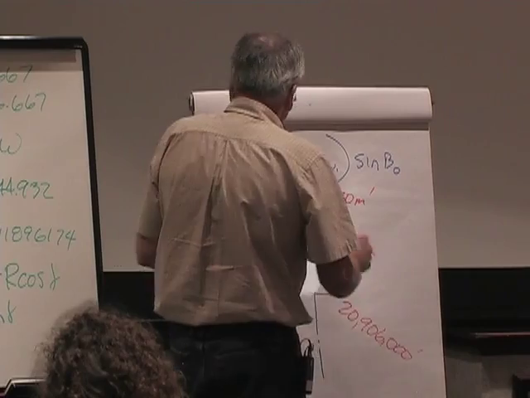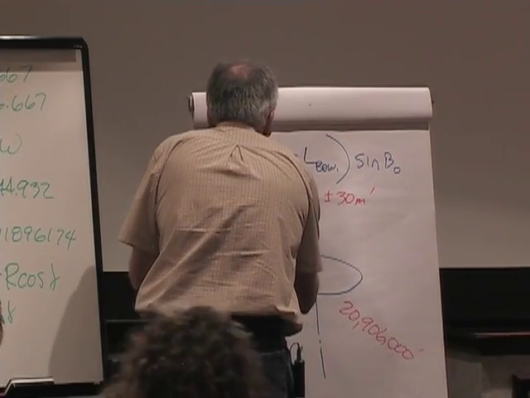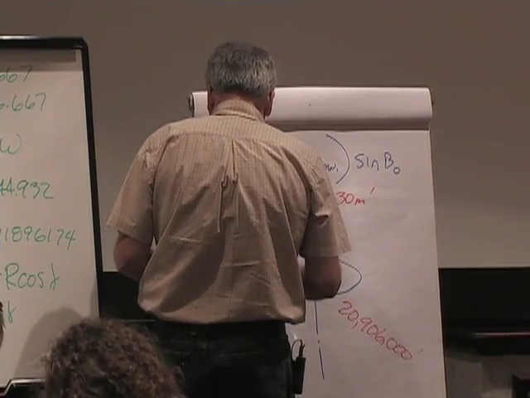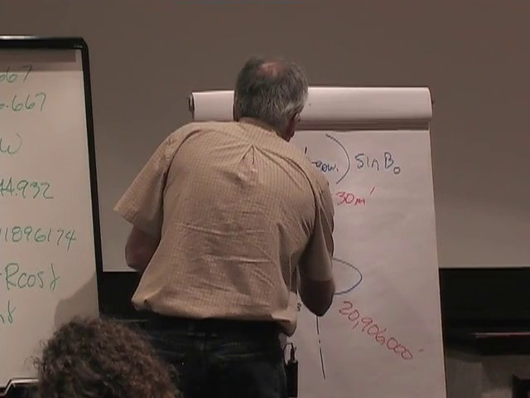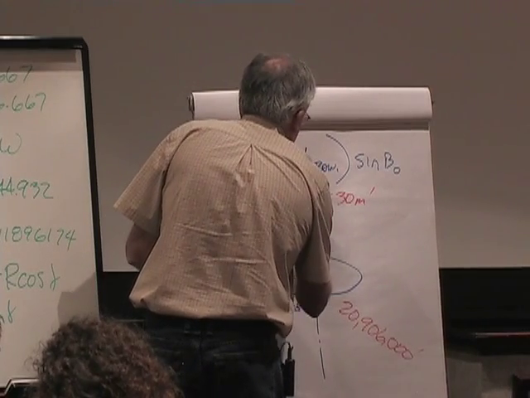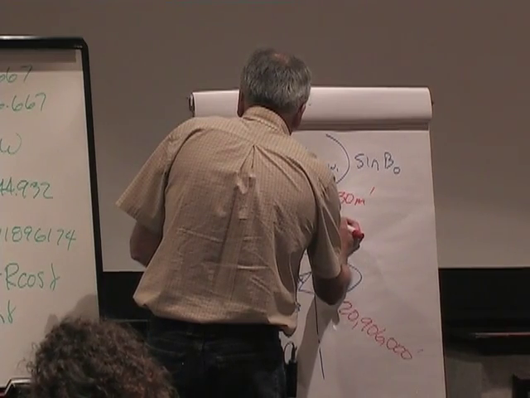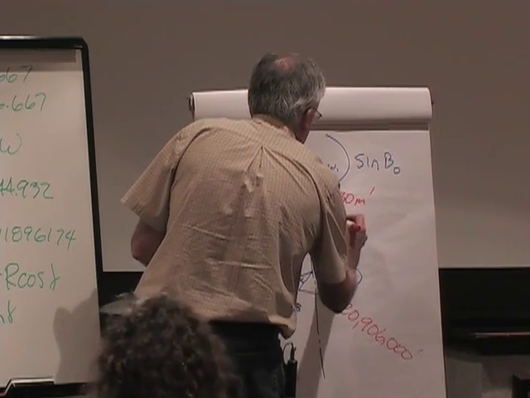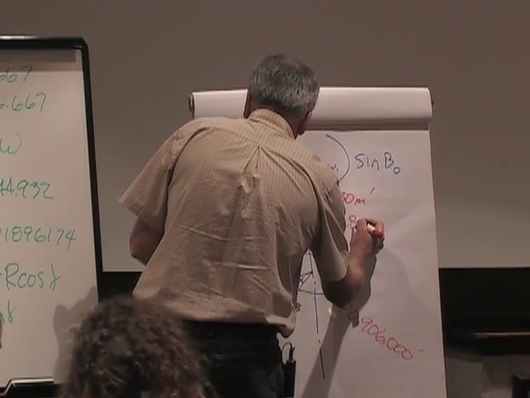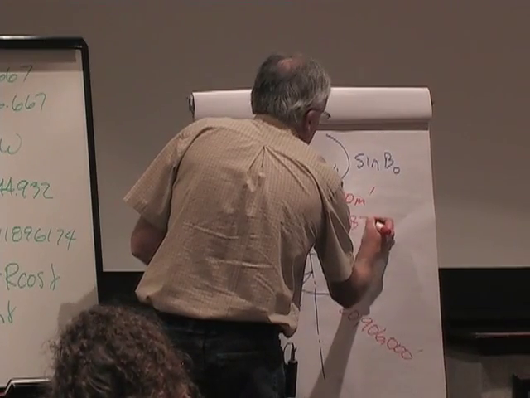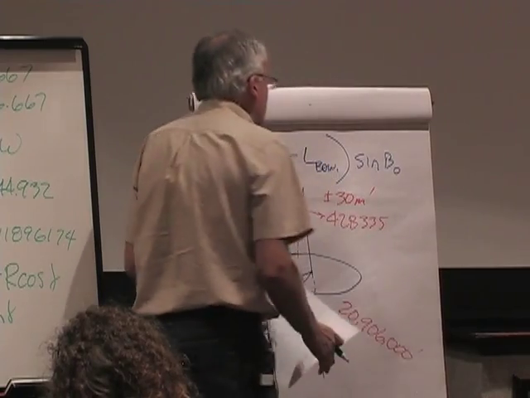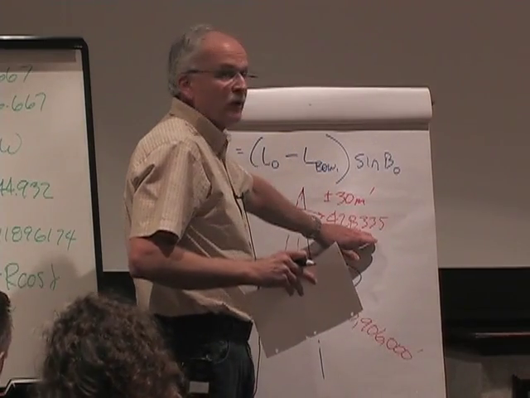If you do the math, I got 0 degrees, 37 minutes, 27 point, there it is, 428, 335. And because we're going to be doing trig functions, you need to take it out as far as you can.